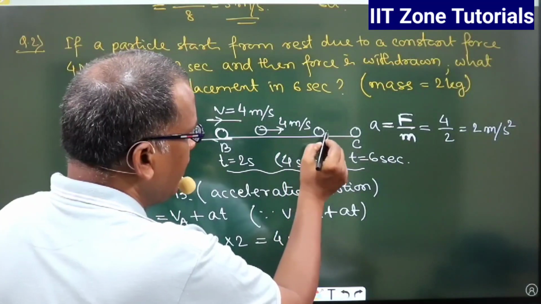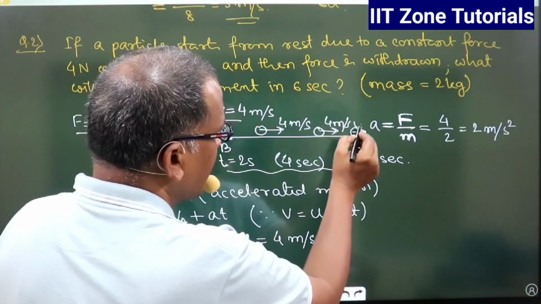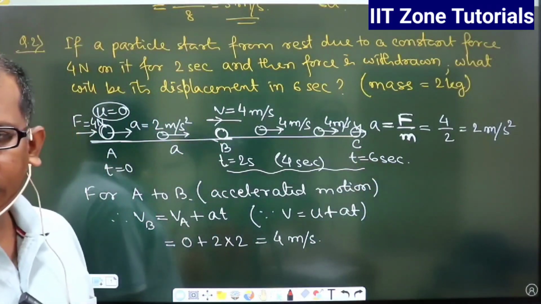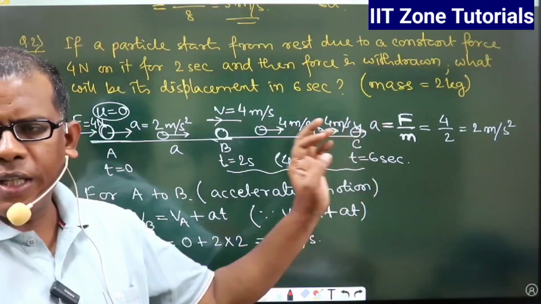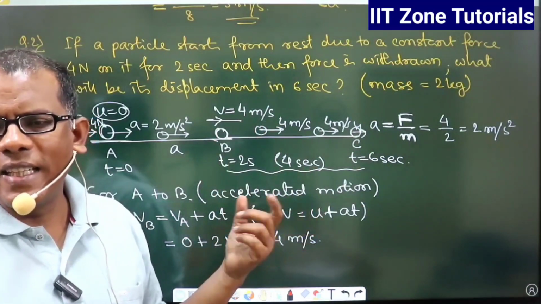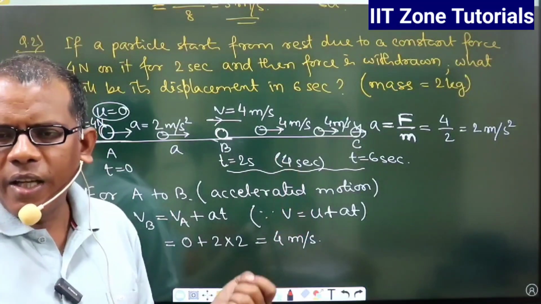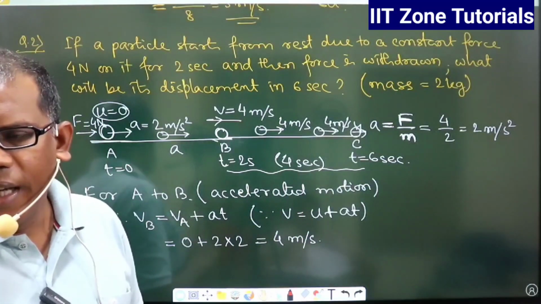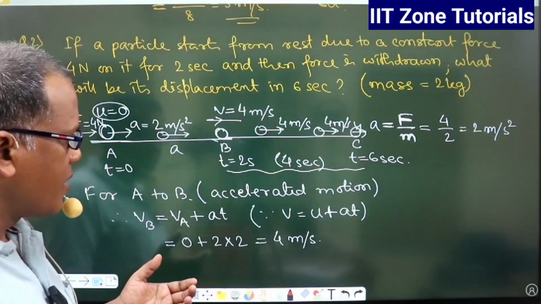Are you understanding me or not? Why will it maintain that velocity? Because now from B to C, the acceleration switch is off. The accelerating factor is disappearing from the situation.